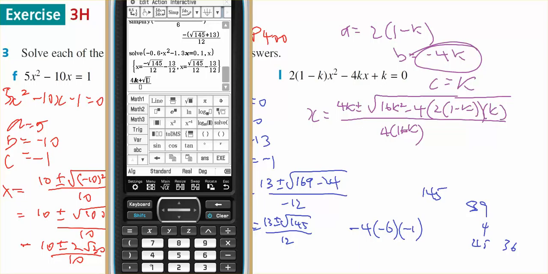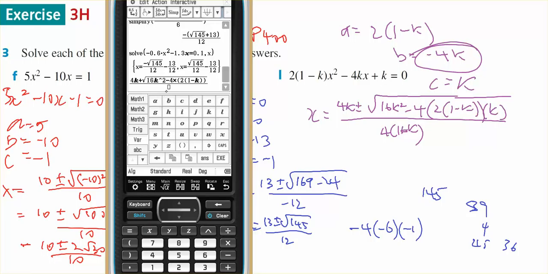4k squared, which will be 16k squared, minus 4 times a, which is 2 bracket 1 minus k. So I'll put in some brackets, and inside the brackets I'll put 2 open bracket 1 minus k, close that bracket.